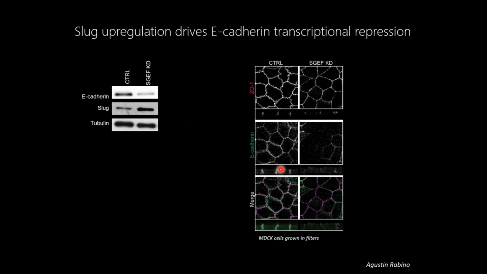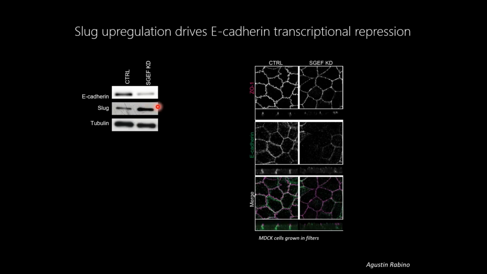Now, we looked at these transcription repressors that I just mentioned, SNAIL, SLUG, and some others, and we found that one of them, SLUG, was drastically upregulated when we knock down SGEF. You can see here how E-cadherin goes down and SLUG goes up, and this is the protein that will repress the transcription of E-cadherin.